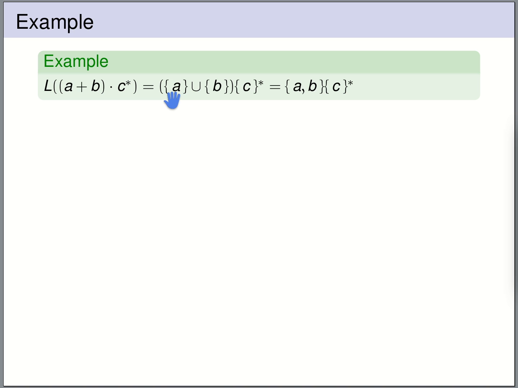So the union of the language just containing a and just containing b is the language containing the word a and the word b. The times in the regular expression translates to language concatenation, and the star translates to the Kleene star. So if we have a language just containing c with a Kleene star, we get all the words that just contain the letter c. So we get all words that start with a or b followed by an arbitrary number of c's.